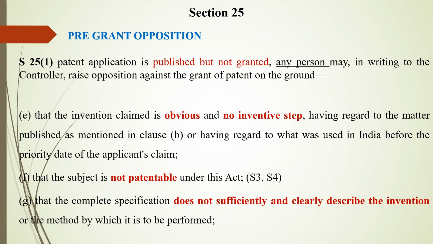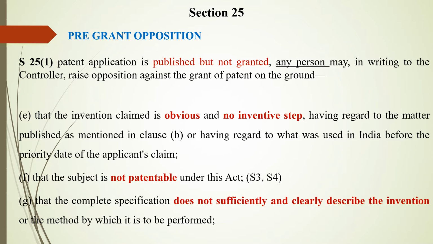That is, any patent application which is obvious and has no inventive step, then also pre-grant opposition may be raised against that patent application. Ground F. The subject matter is not patentable under this Act. That is, if it falls under Section 3 or Section 4, then also pre-grant opposition may be raised.